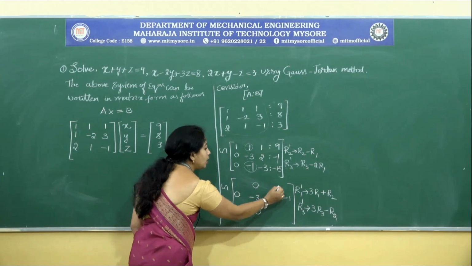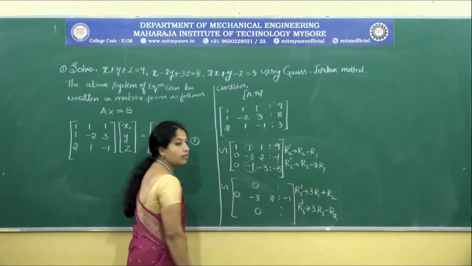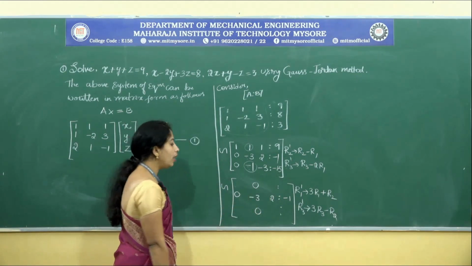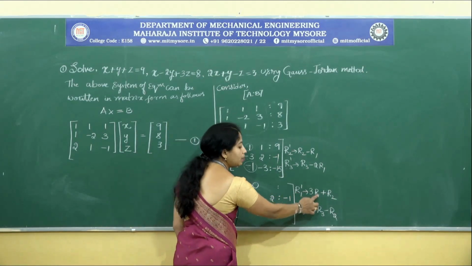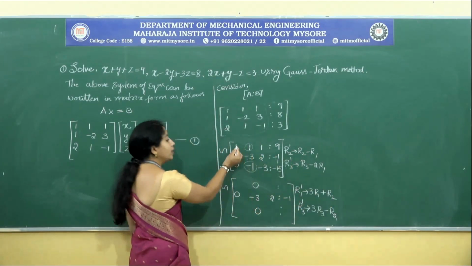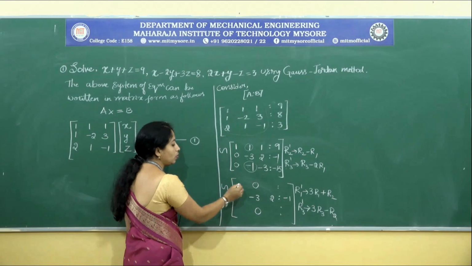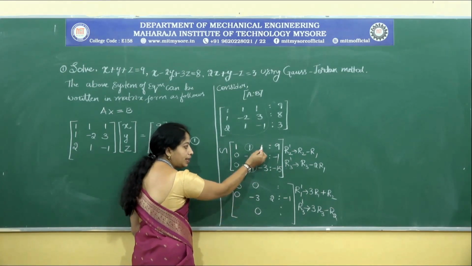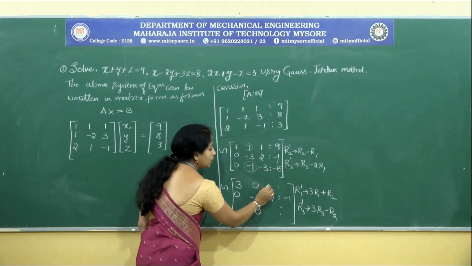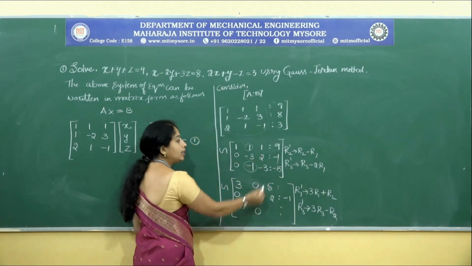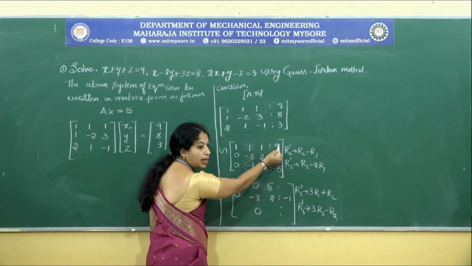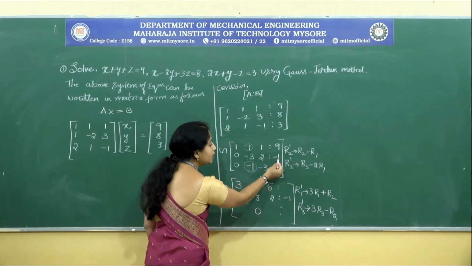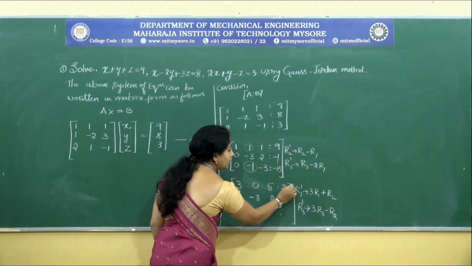Now these two values are zeros. Now see the first row operation, R1 dash equals 3 times R1 plus R2, that is 3 times 1 plus 0, you will get 3. 3 into 1 plus 2, you will get 5. 3 into 9 is 27, 27 minus 1, you will get 26.